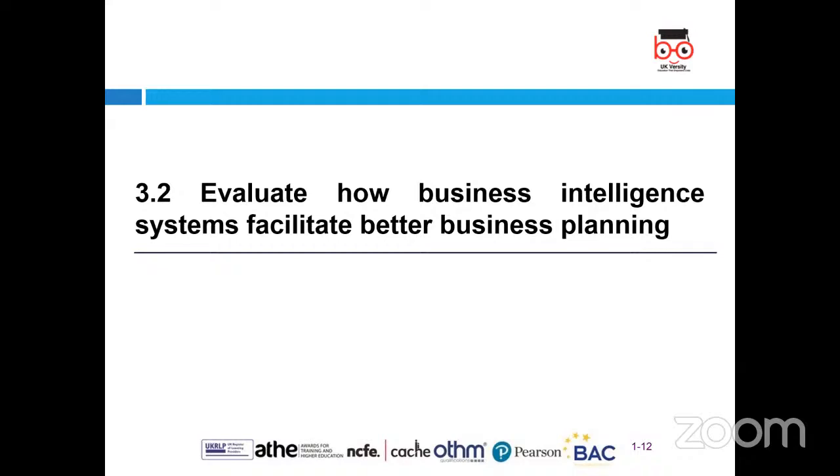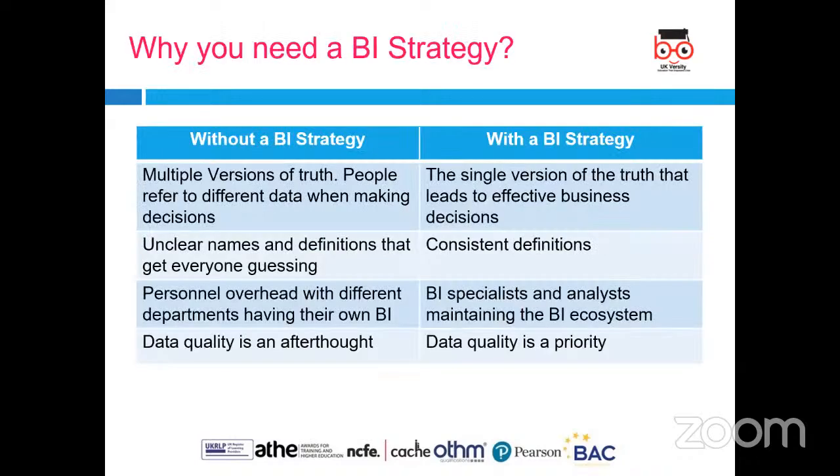Now we're going to evaluate how business intelligence systems are going to facilitate business planning. As we all know, the purpose of using business intelligence is for the business to improve their revenue, and by having all the data structured in a way that will be easy to assess by each single department of the company.